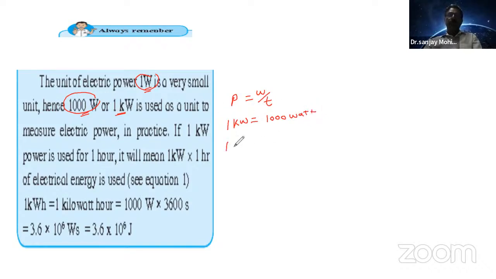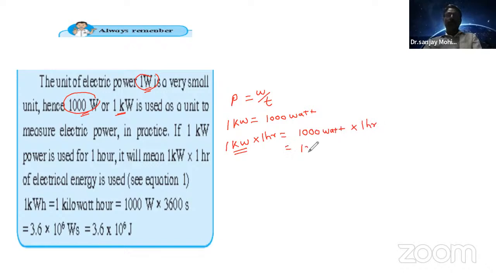If you consume this power of 1 kilowatt for 1 hour, then it is going to be 1 kilowatt hour. So we can convert: 1 kilowatt hour is equal to 1000 watt into 1 hour.